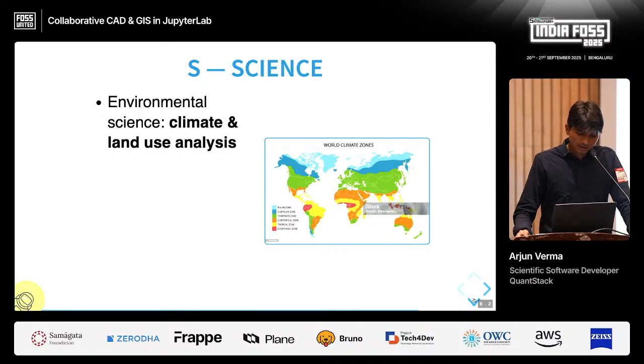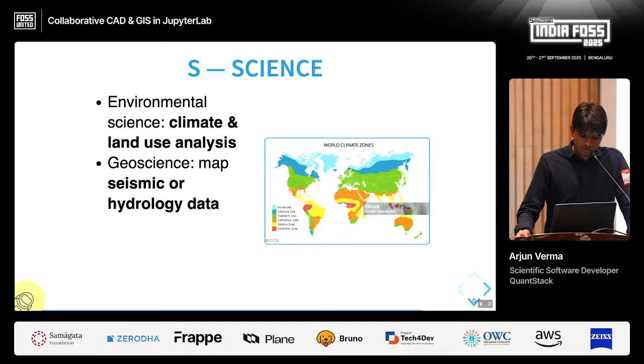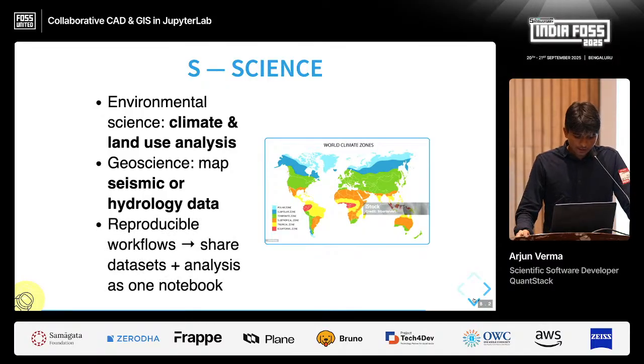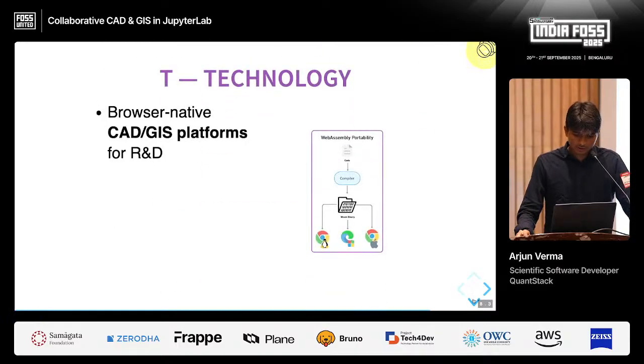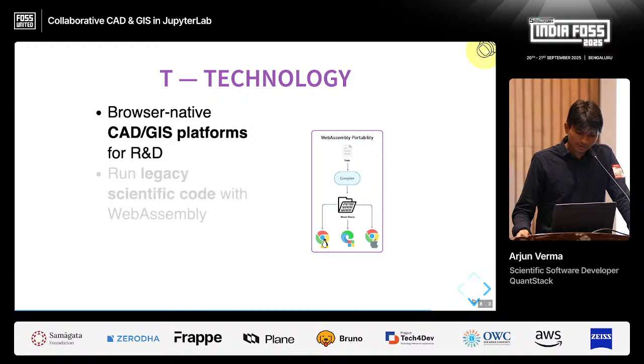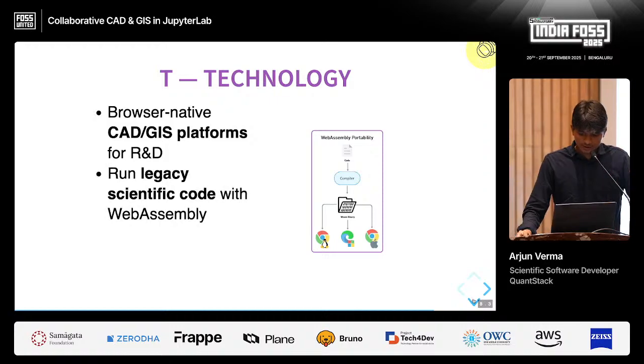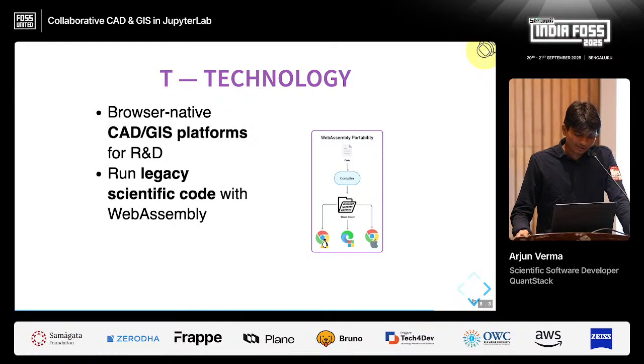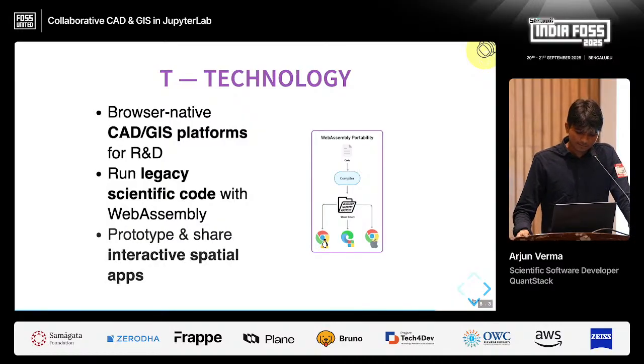it can serve climate and land use analysis. I'm just mentioning some of the examples, but there is a lot that you can do. A reproducible workflow, you can share and reproduce the results anywhere. And in the technology aspect, we use WebAssembly, and I guess it never goes old, because if you have compiled something to WebAssembly, it would work after quite some time as well.